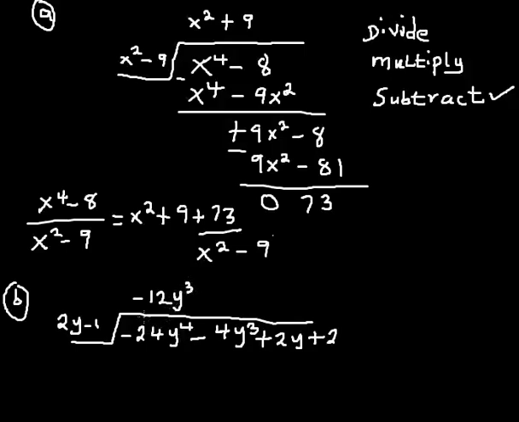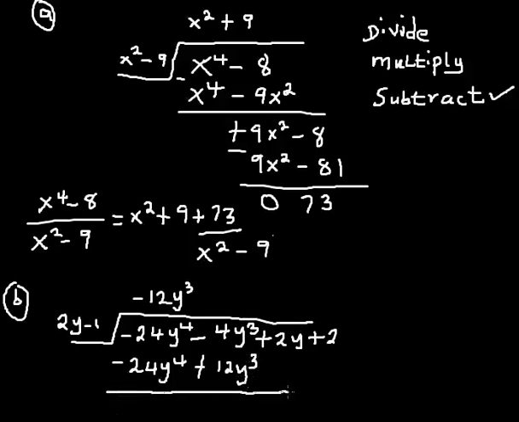So I multiply minus 12y cubed by 2y. That's going to be minus 24y raised to the power 4. Minus 12y raised to the power 3 multiplied by minus 1 is going to be plus 12y raised to the power of 3.